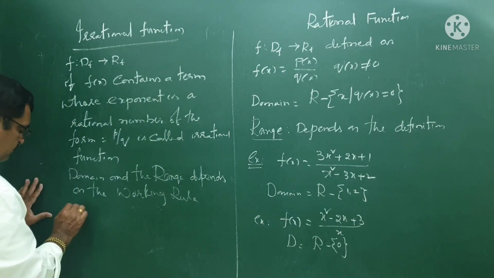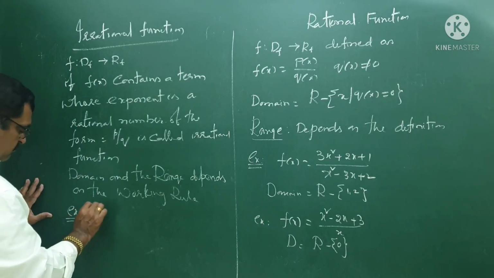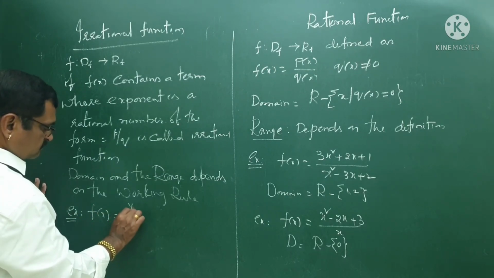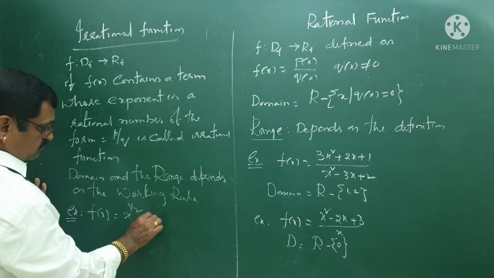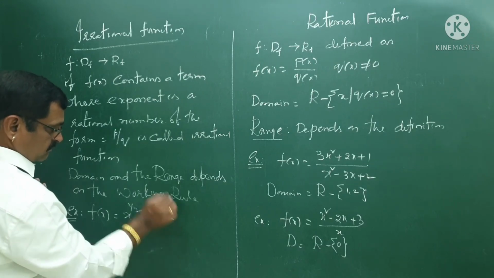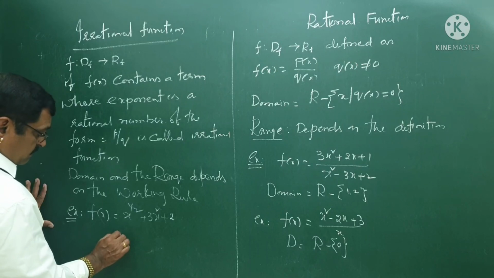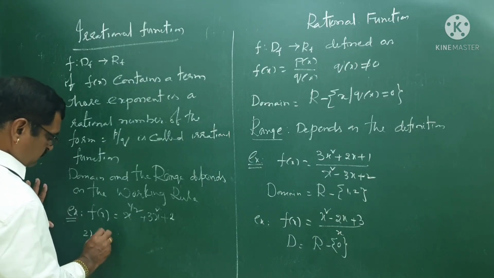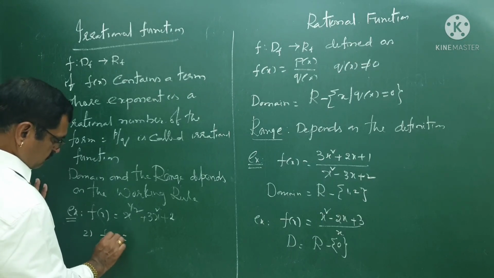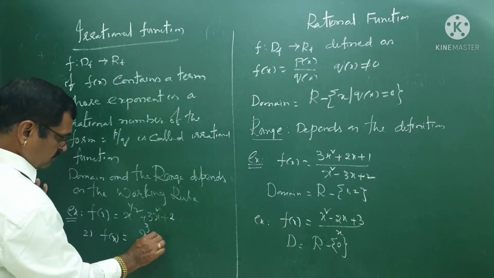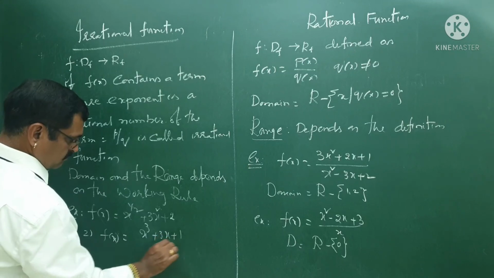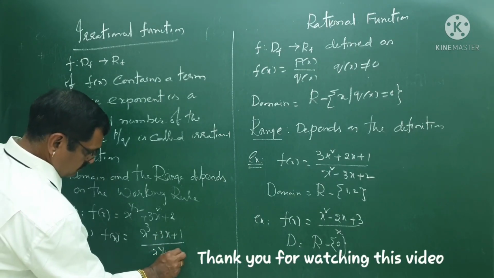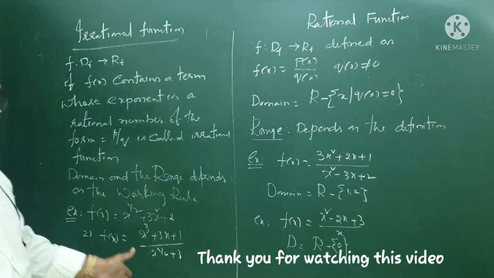For example, or it can be a rational form also. See, so both are irrational functions.